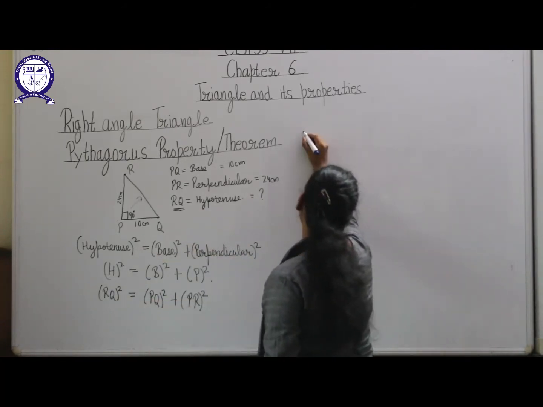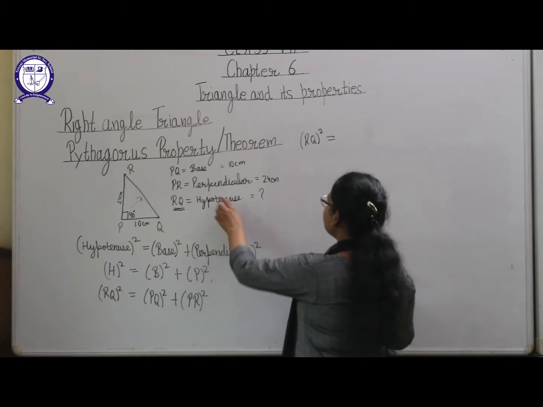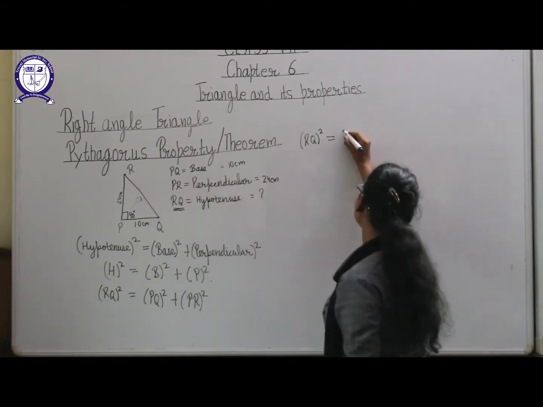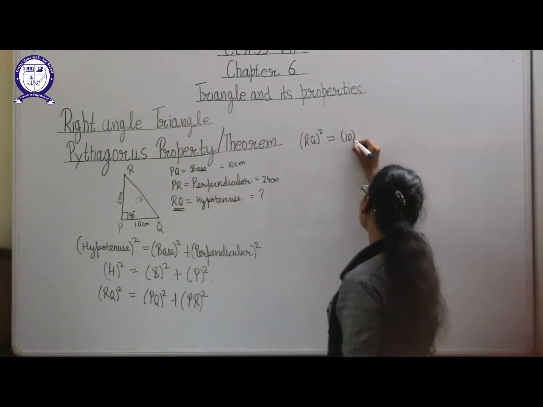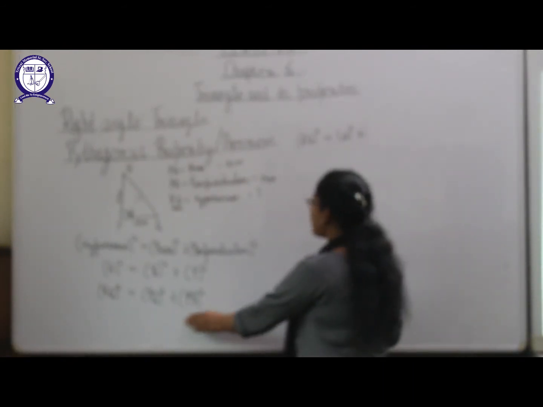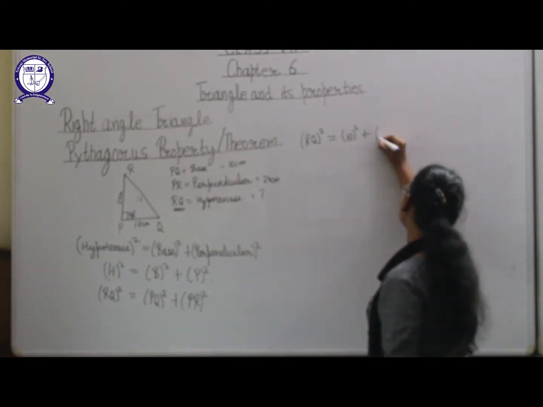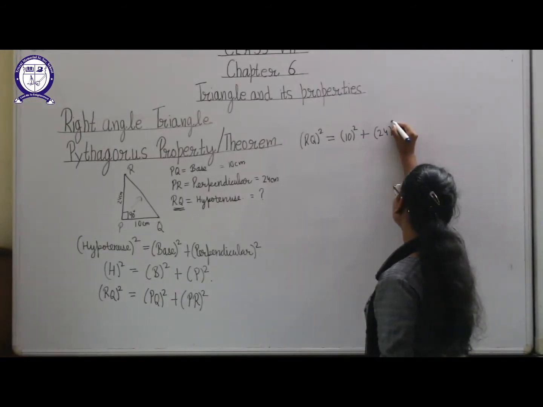So we will write RQ as it is. RQ square is equal to PQ square. PQ is 10 centimeter, so we will write 10 here, and it is squared. Now plus PR square. PR is the perpendicular, 24 centimeter, so we will write 24 square.